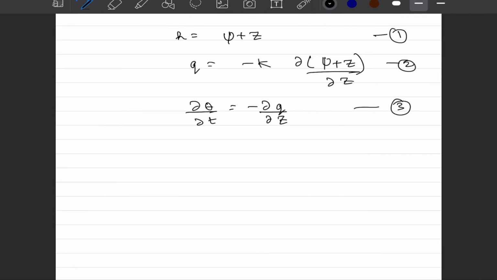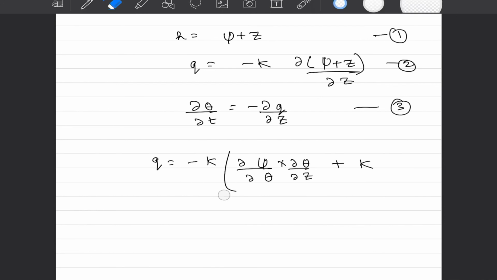So what we can do here, we can write this expression of Q as minus K del phi upon del theta into del theta upon del Z plus K, because when you solve it applying chain rule, we will keep this negative sign outside and everything can come here.